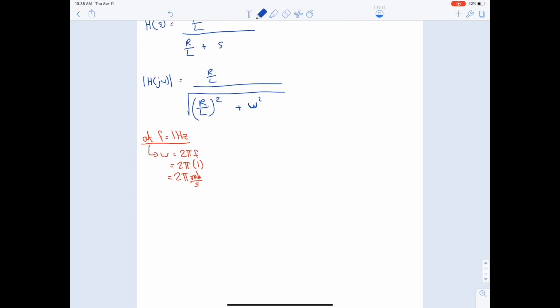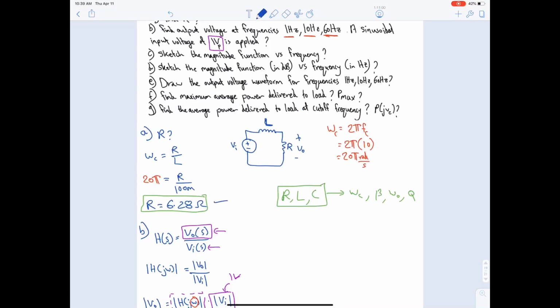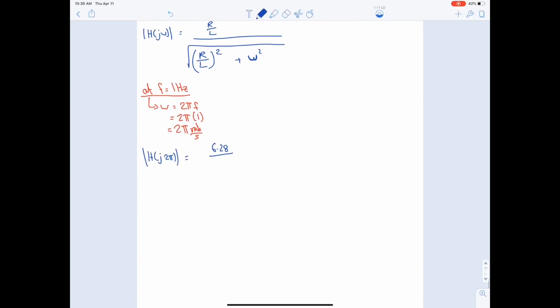The magnitude at 2 pi is equal to R, which was 6.28. We found it here. Okay, divided by the inductor. What is the inductor? It was 100 milli. It was given in the question.